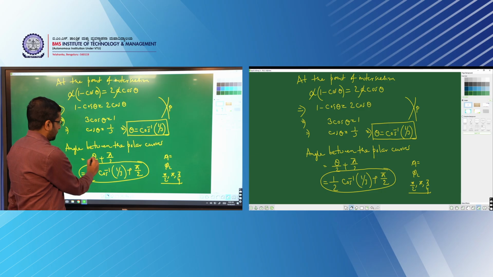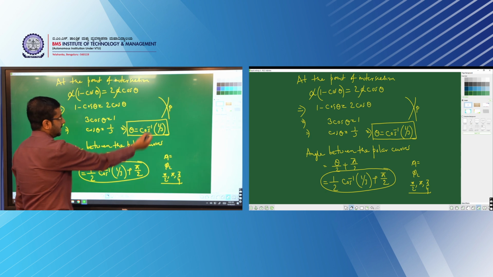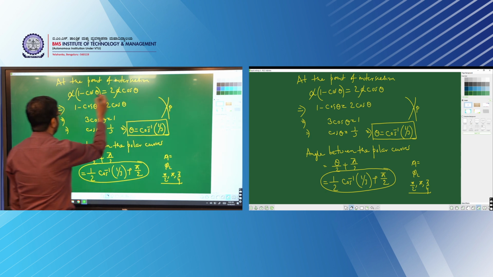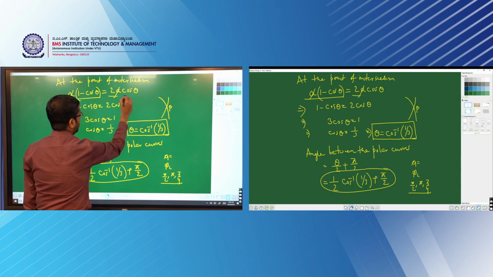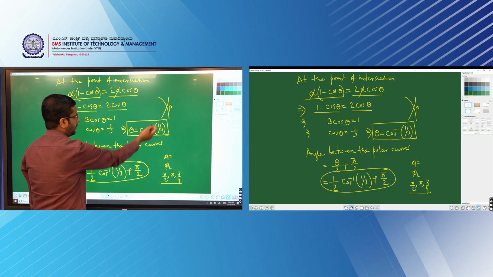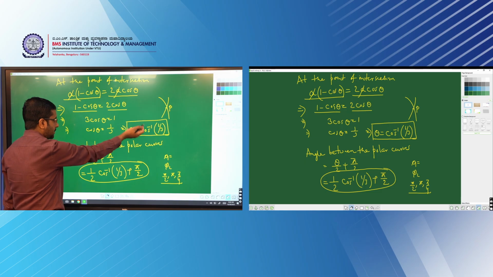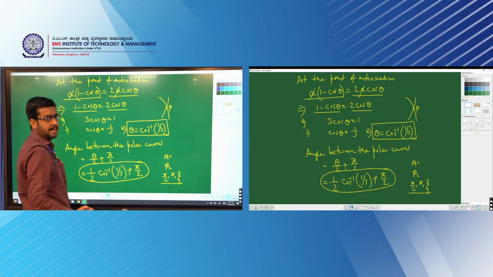But if the final answer is coming in terms of theta, if you see that theta is present, then you have to find the particular value of theta at the point of intersection. So how to find? At the point of intersection, whatever our expressions are given, we will equate, and we can easily find the expression for theta at the point of intersection. This value of theta is at the point of intersection only. Then you just replace the value of theta, you will get the final answer.